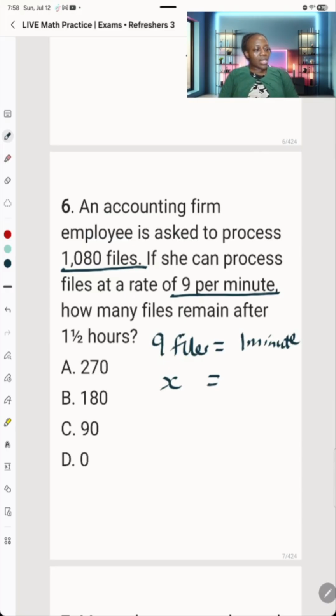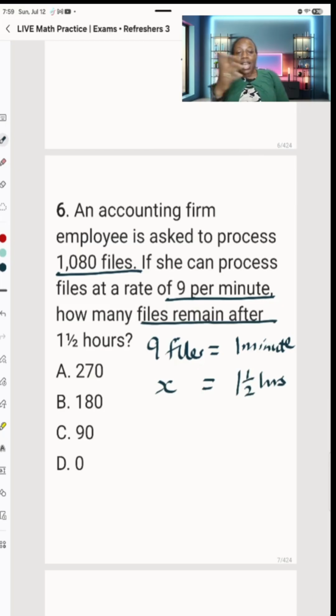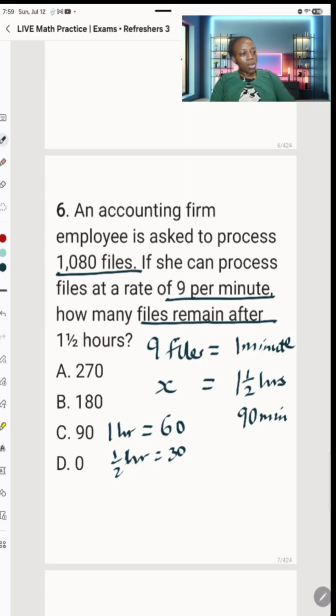We want to know how many will remain after 1.5 hours. Let's convert the hours to minutes. We know that 1 hour is 60 minutes, then half hour will be 30 minutes. So the whole of 1.5 hours will be 90 minutes.